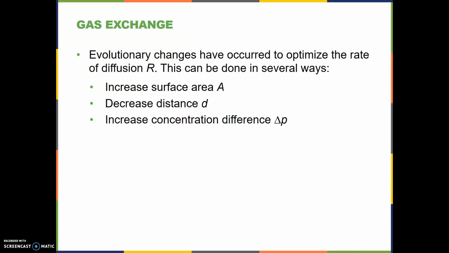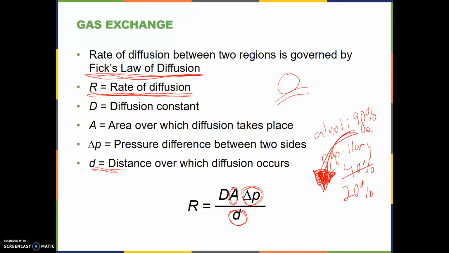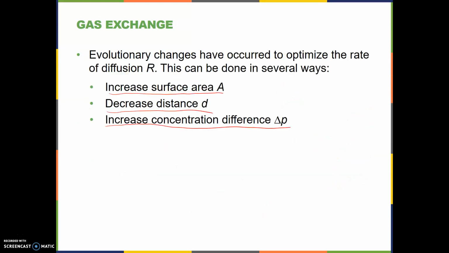This can be done if the surface area is increased, if the distance is decreased, or if the pressure or concentration difference is increased. So basically in your formula, the two variables on the top, if they're increased, the diffusion rate increases. And the variable on the bottom, distance, if that is decreased, then the diffusion rate is increased.